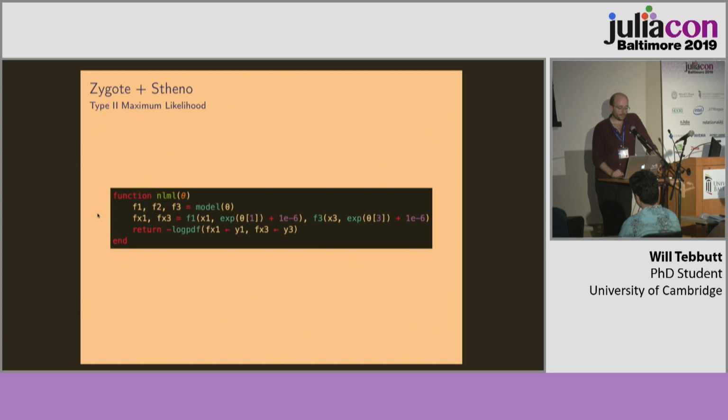Then we plug them into the log PDF with a slightly different syntax to the one I had two slides ago. It's just an alternative syntax; you could have done the other two-argument form.